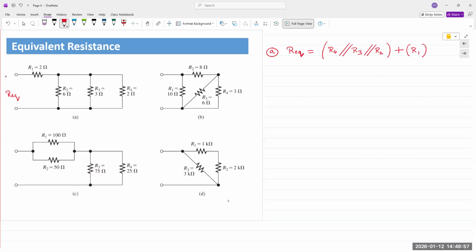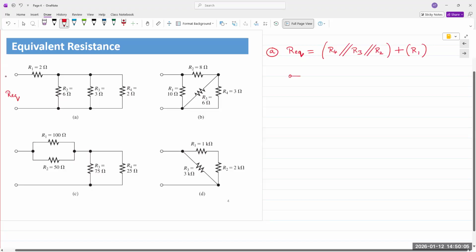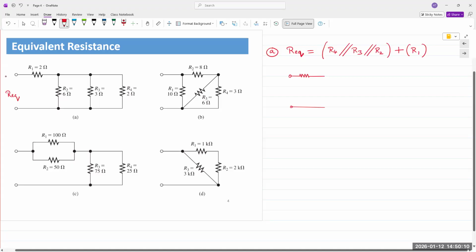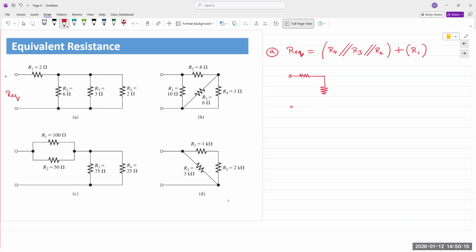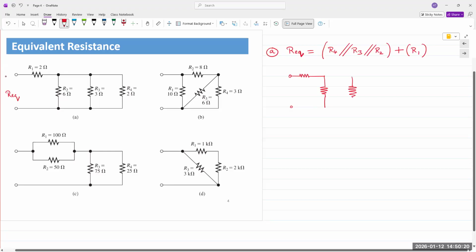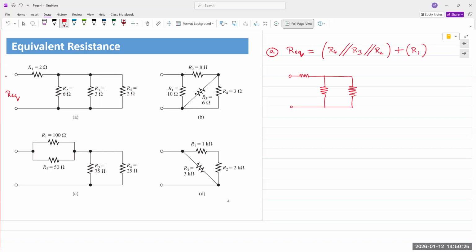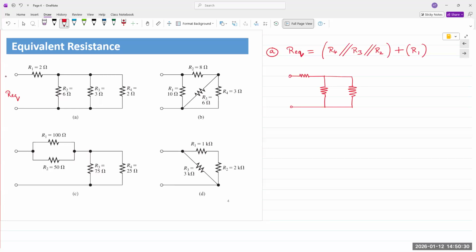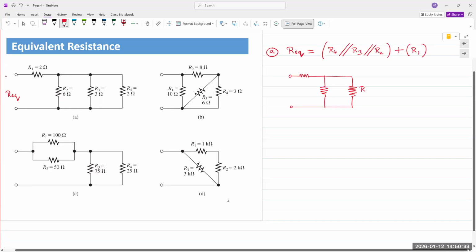And I will draw it out in a step-by-step manner. At least for the first one, I will. Okay. So you have this resistor right here. Let me call this R5.